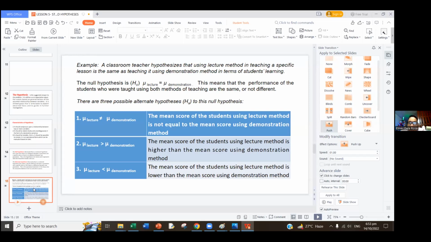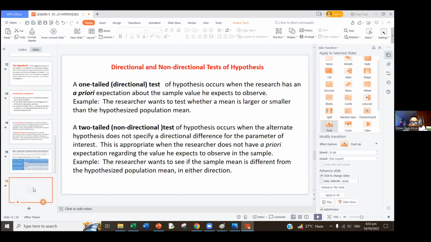So yung tatlo na yan ay parehong alternative hypothesis for the first example na null hypothesis saying mean lecture is equal to mean demonstration. So ano ang gagamitin kong alternate hypothesis? Depende yon, kung anong direksyon ng null hypothesis. So meron tayong tinatawag na directional at non-directional.